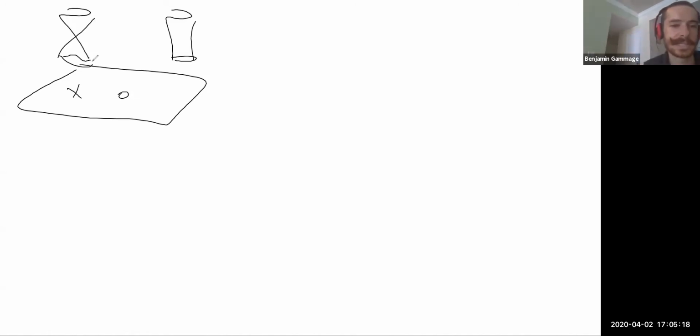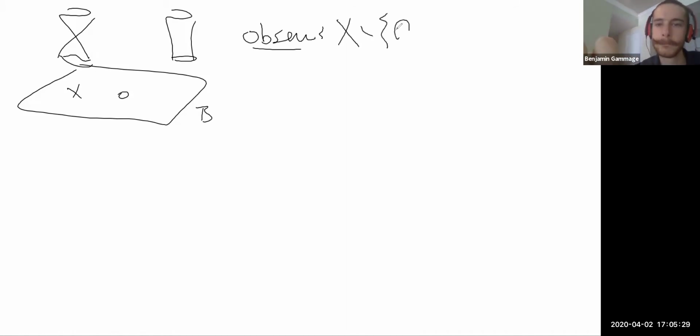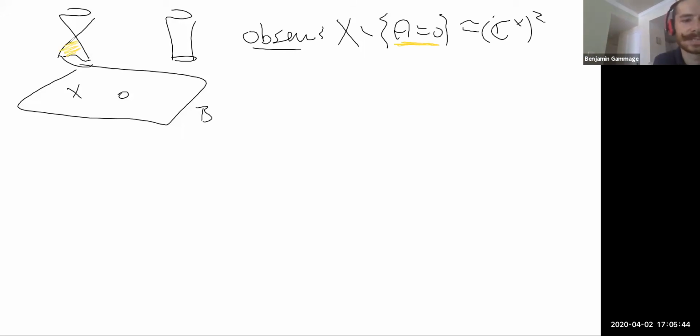The thing to notice, in the B plane, is that if I take X and delete the locus where A equals 0, then this thing is a copy of C star squared. This is the A equals 0 locus here, because this point in the base was the point where A A prime is equal to 0.